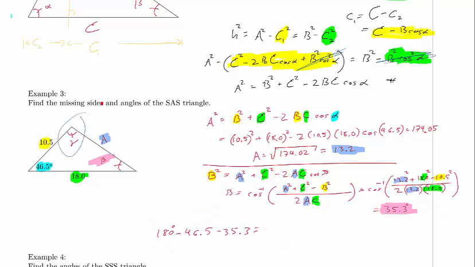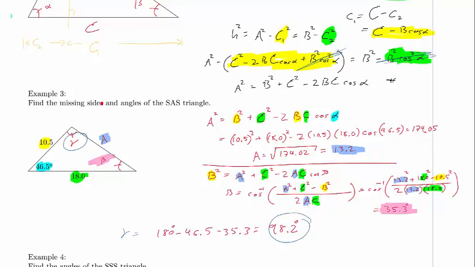You could use law of cosines again, but this definitely seems like the easier option. And when you do that, you'll find that gamma is going to be about 98.2 degrees. Kind of running out of color, so I'm just going to circle it like so.